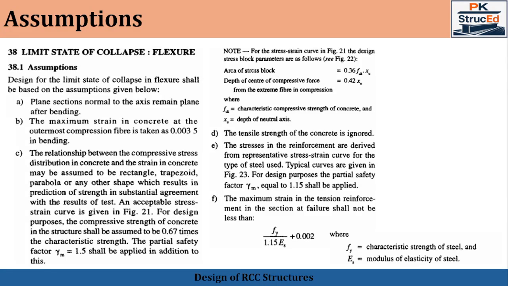The tensile strength of the concrete is ignored and the steel follows an elastic plastic behavior, whereas the maximum strain in the tension reinforcement in the section at failure shall not be less than fy divided by 1.15 Es plus 0.002, where fy is the characteristic strength of the steel and Es is the modulus of elasticity of steel.